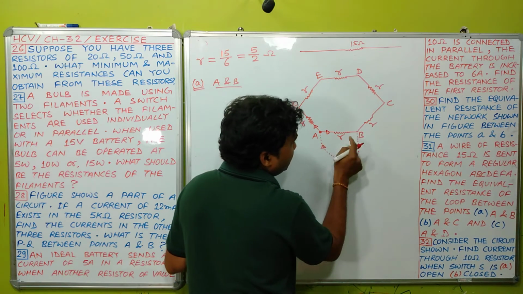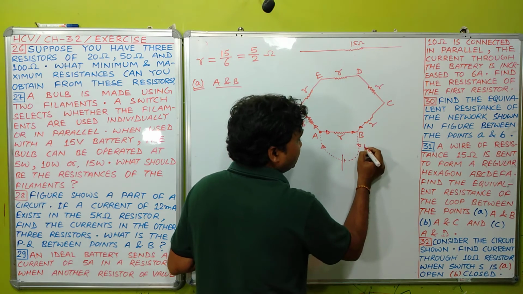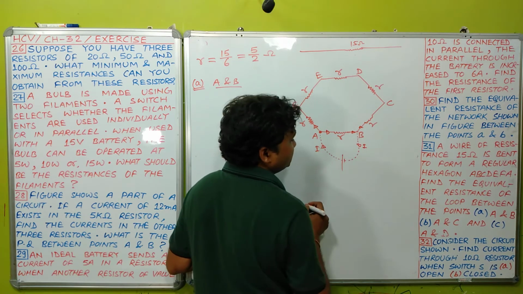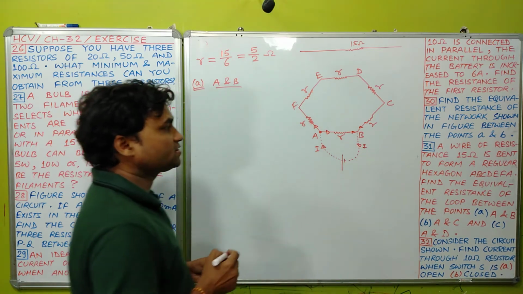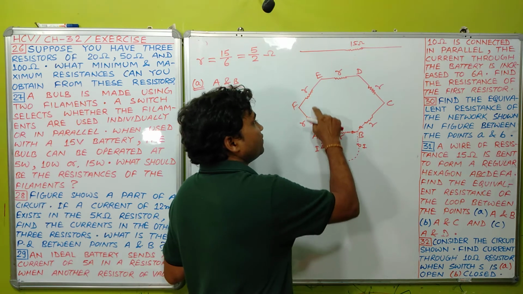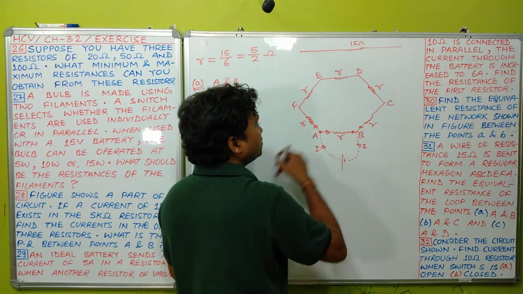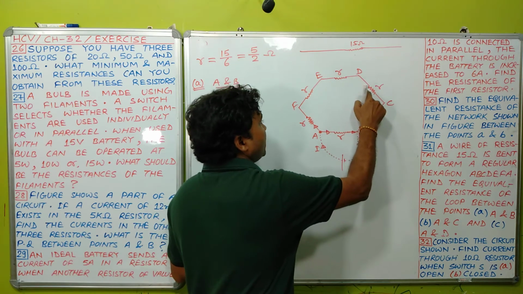From here total current I will flow. In this situation these 5 resistances will be in series, because the same current will flow through these 5 resistances.